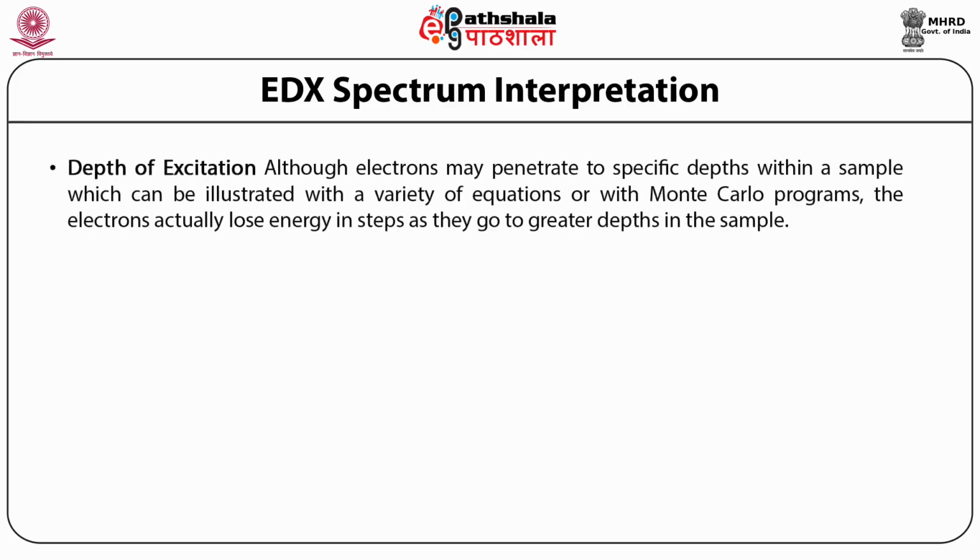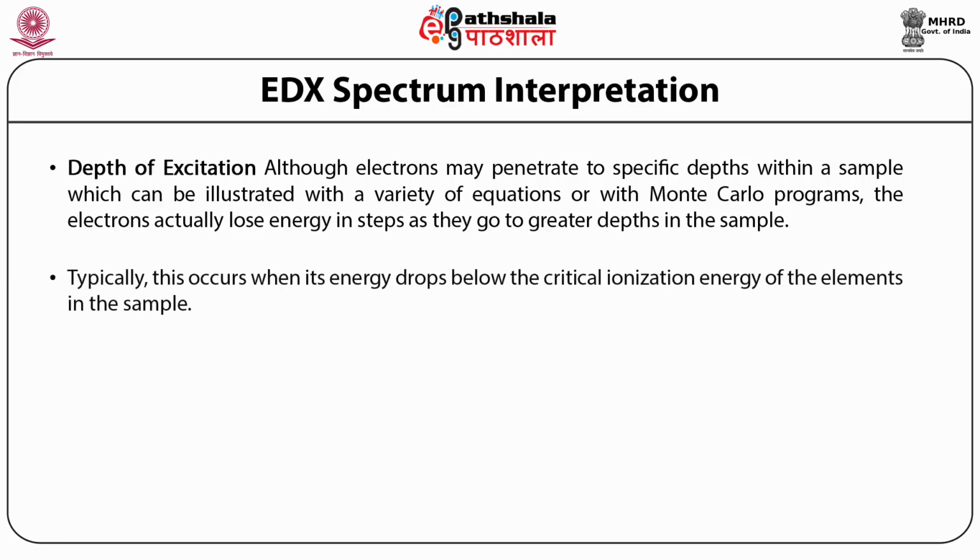The depth of excitation. Although electrons may penetrate to specific depths within a sample, which can be illustrated with a variety of equations or with Monte Carlo programs, the electrons actually lose energy in steps as they go to greater depth in the sample. As a result, an electron may soon lose a sufficient amount of its energy such that it can no longer excite characteristic X-rays.